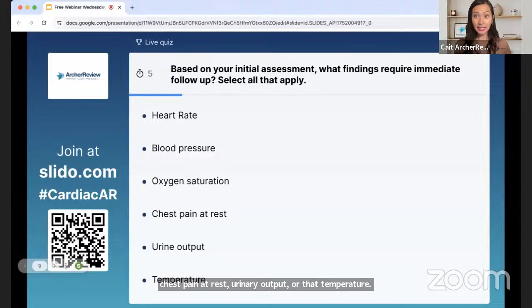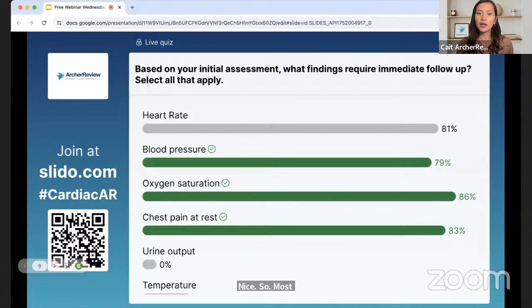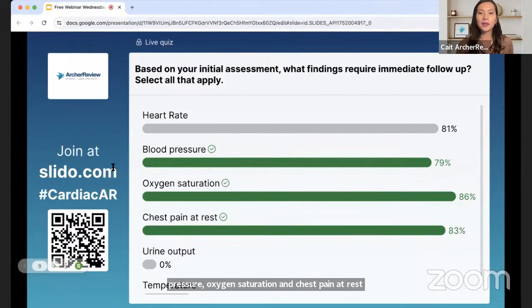Remember, if it's asking us what requires follow-up, it's asking us what's concerning, what is abnormal. Most of us are saying heart rate, blood pressure, oxygen saturation, and chest pain at rest. For Mr. Brown, we are concerned about his blood pressure, O2 sat, and chest pain.